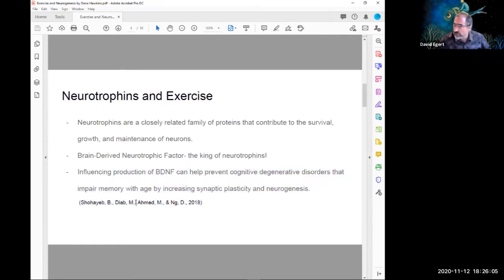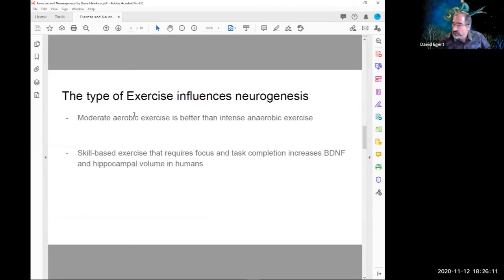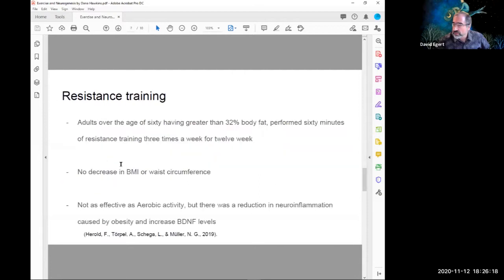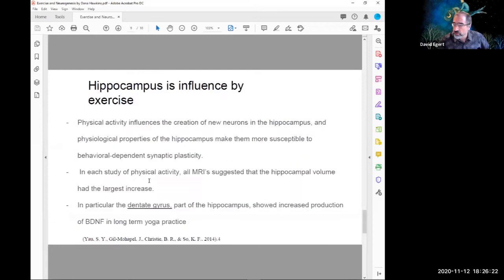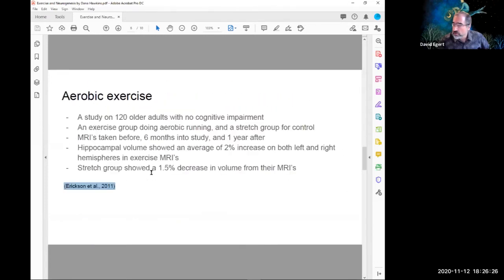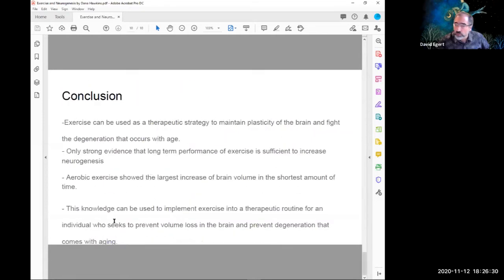And then here's the reference that supports that. Here's more things. She's talking about aerobic exercise, and here's the main, and here's the conclusion, and what she was looking for, some of the major things she found that were interesting, and kind of tie it all together.